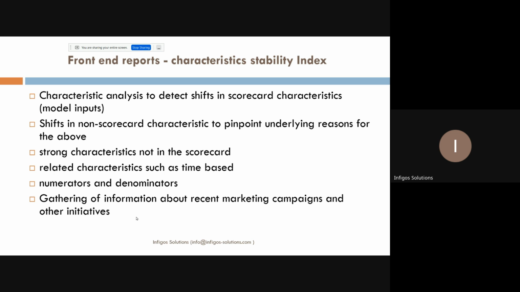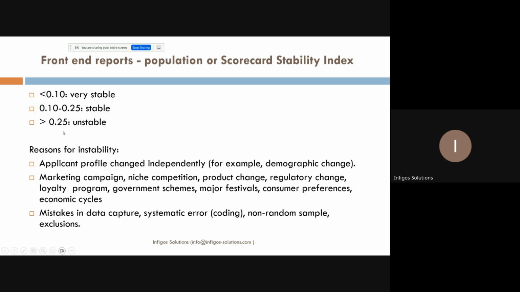So when you get a result from the PSI which is greater than 0.25, you want to do the root cause analysis. In the root cause analysis, you will try to figure out which variable is responsible for this problem.